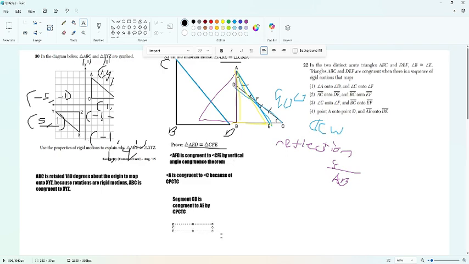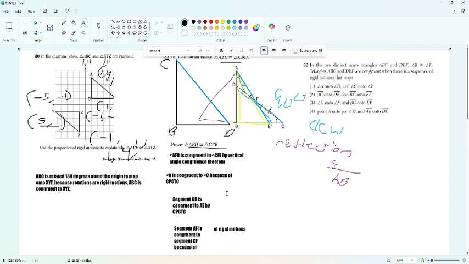So, we can basically say segment AF is congruent to segment CF because we're able to do rigid motions.